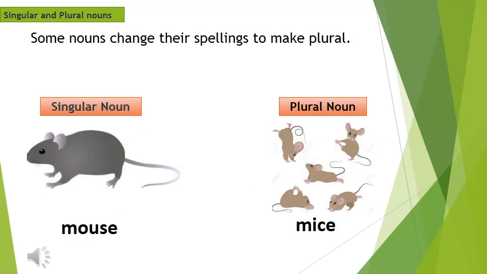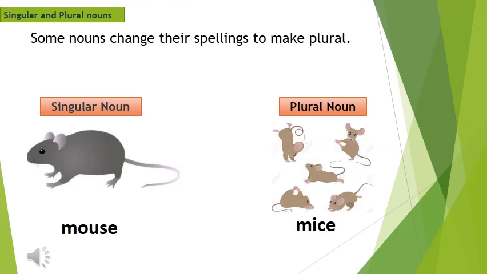Okay students, do you know some nouns change their spelling to make them plural? For example, mouse is a singular noun. To change it into plural, we don't need to add S or ES. It will change its spelling.